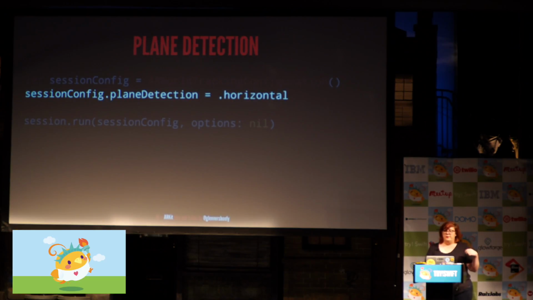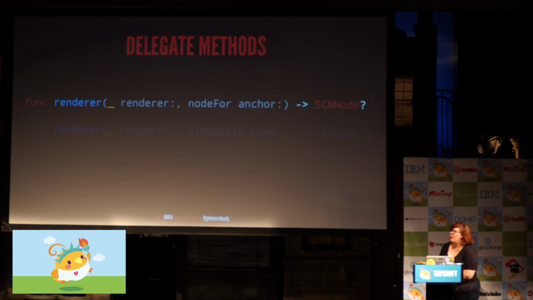Then there's a couple of delegate callbacks that you'll want to implement if you actually care about the information of detecting planes through ARKit. So the first one is ARKit will be like, hey, we detected an anchor, and in this case it will be a plane anchor, which carries a lot of information about the plane that's detected, like the position and the size, et cetera.